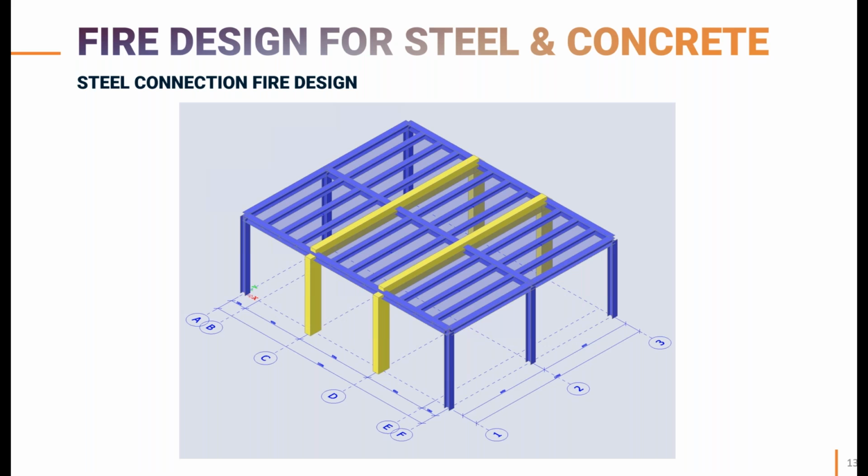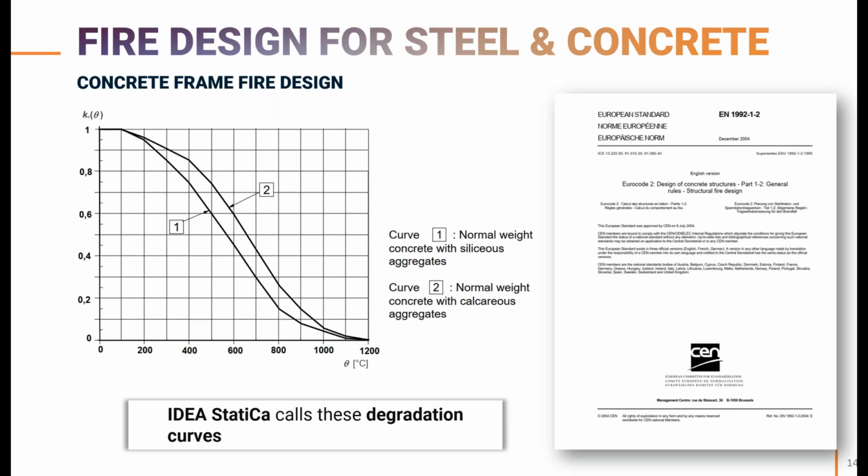So moving to the introduction for my next example, which is fire design for the concrete frames, we have also defined in this structure. And in line with what was applicable for steel, before moving to the concrete, we also need to discuss a little bit about another part of the code for fire design.